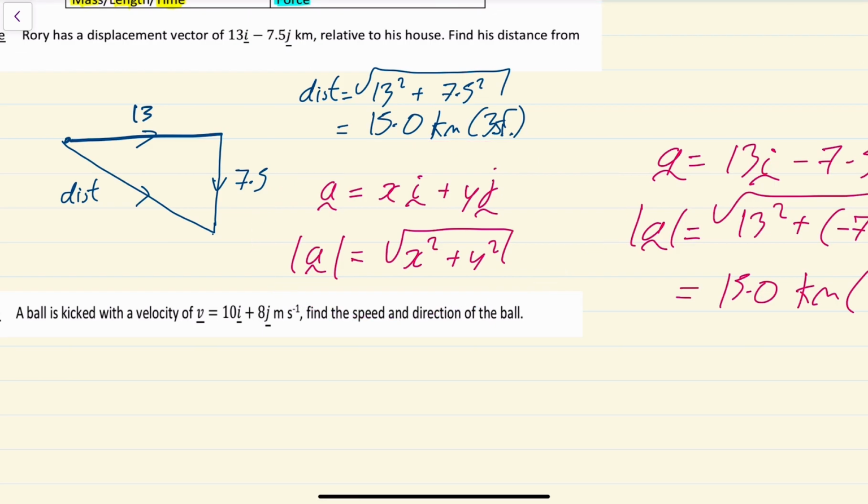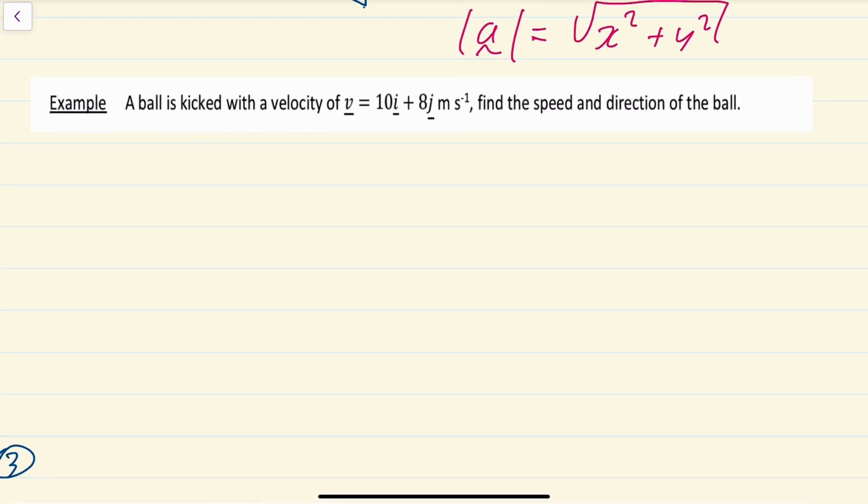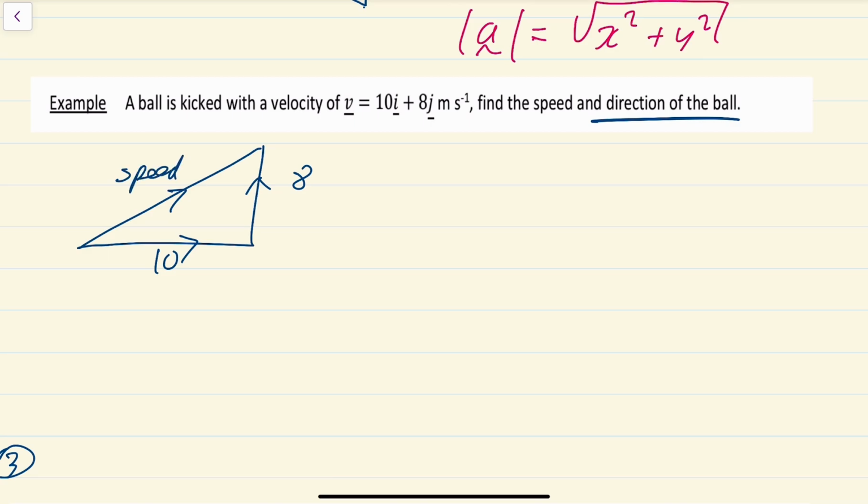Okay. Right, next example, last example for this wee video, says a ball is kicked with a velocity of 10i plus 8j. Find the speed and direction of the ball. Okay, right, we will do a diagram because it asks you to do the direction anyway. So you've gone 10i, so it means 10 to the right, and then 8j, so 8 vertically, and we want to find the speed. So the speed is going to be the length of the diagonal, so what it's actually gone.